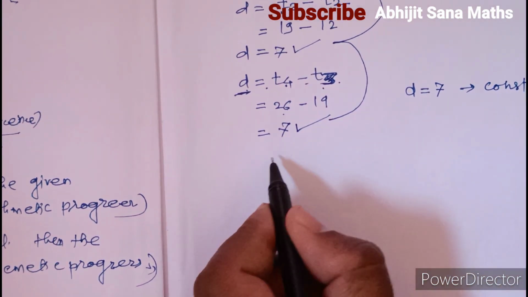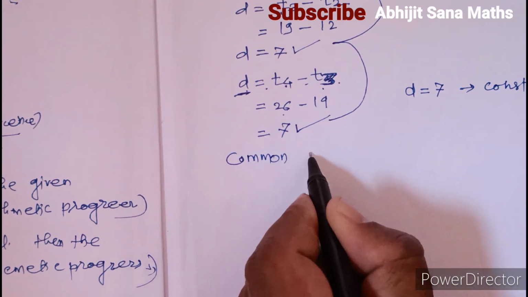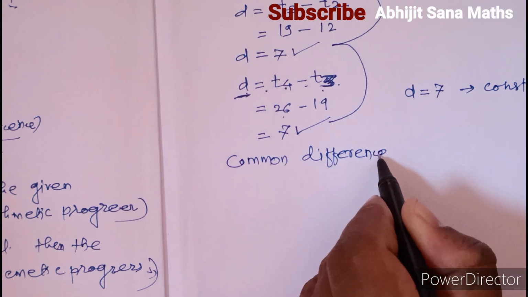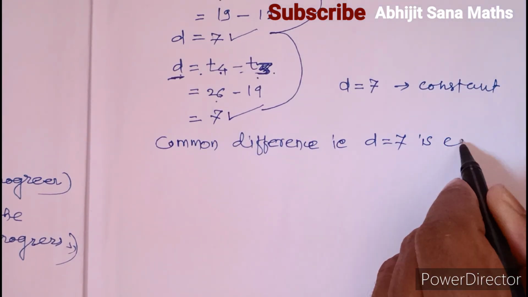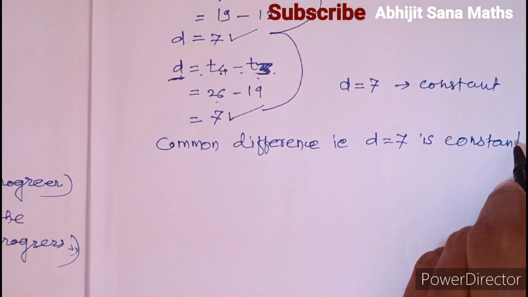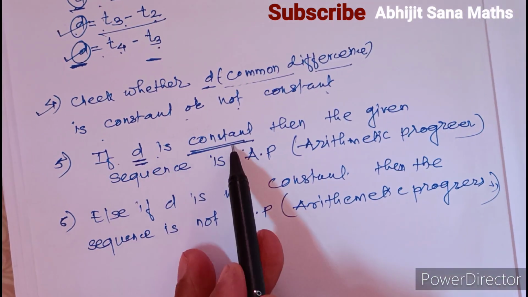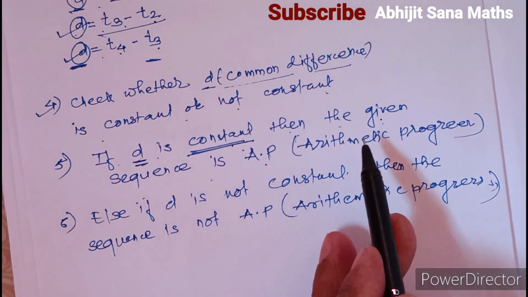Therefore write down here common difference, that is d equals 7, is constant. Now when we find d is constant, then the given sequence is AP.